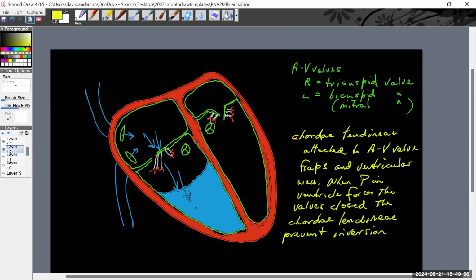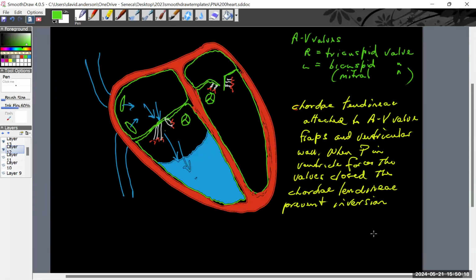Okay, so here they are flopped open, and when they are slammed shut, the chordae tendineae, they're attached to the ventricle wall on this side, so they get stretched, but they can only stretch to a point where they get tight. Once they're tight, the valves can't keep folding inward, so that's referred to as inversion. These chordae tendineae prevent inversion, and that's going to become important because we don't want backflow.